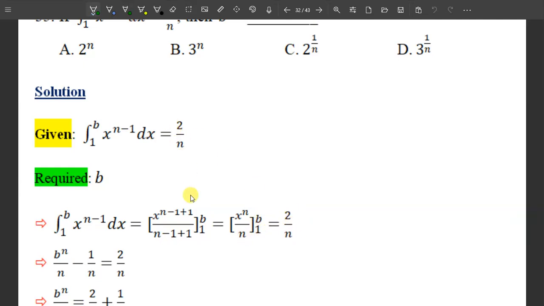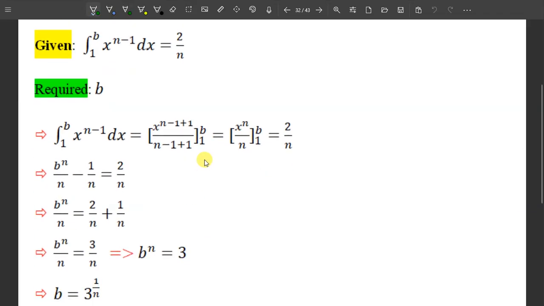It is given. And then now this integration becomes b to the power of n. First replace x by b, and then subtract. Substitute 1 for x here, and therefore it becomes b to the power of n over n minus 1 over n is equal to 2 over n.